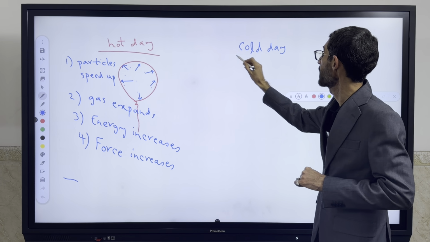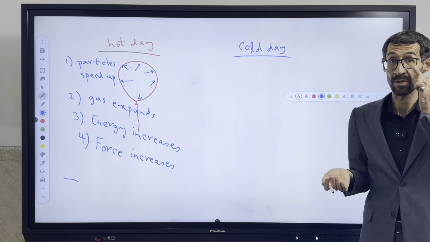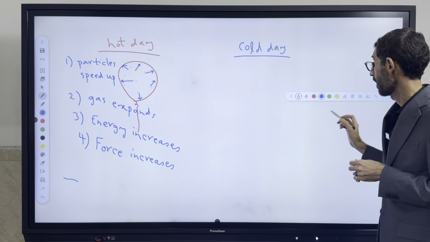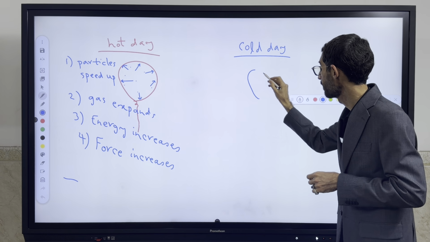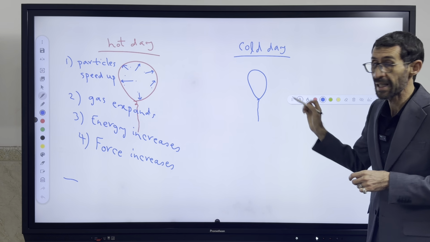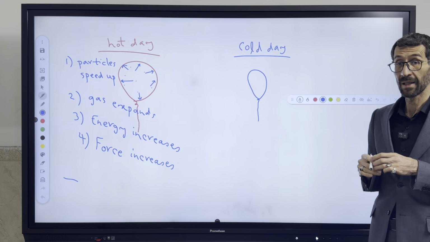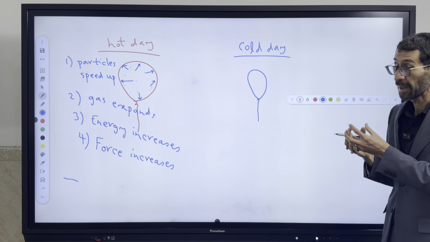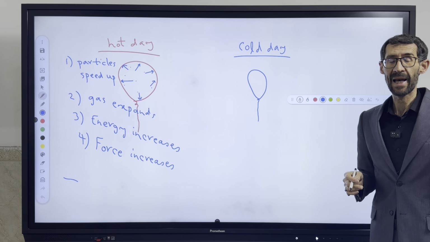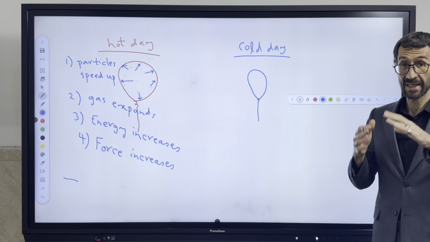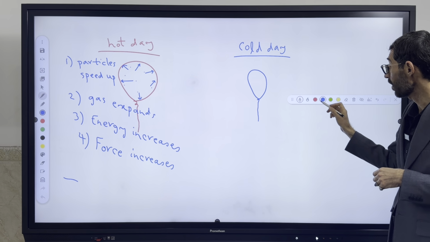What happens when temperature reduces, when temperature comes down? So let me draw the balloon. You see, we have the same balloon, but the size of the balloon becomes smaller. Yeah? The balloon becomes smaller because of the weather. So weather has a direct influence on the size of the balloon and the volume of the balloon, let's say. In other words, on the volume of the balloon.